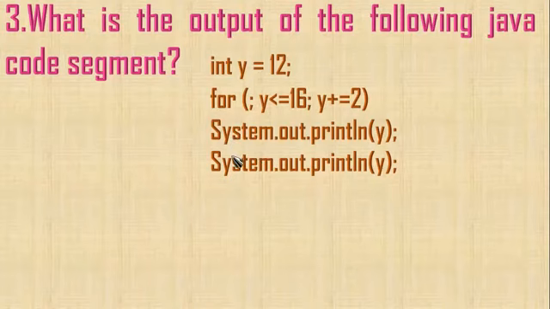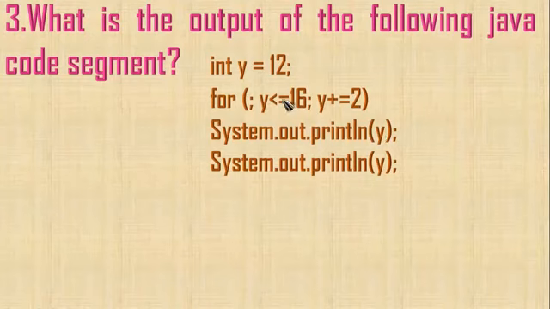There are 2 statements after the for loop, but there are no opening and closing braces given for the body of the loop. In this case, only the immediate statement after the for loop is in the loop body. Whatever comes next to that statement will not be in the body of that loop. So the first will be in the loop, again doing the action as per the loop's condition.